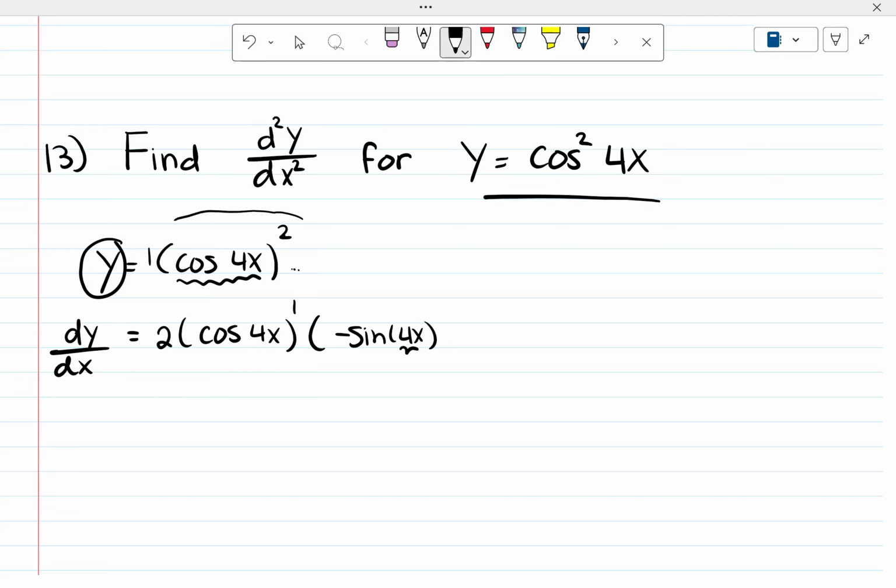The derivative of 4x is 4. And when you clean this up, you're going to get negative 4 sine of 4x cosine of 4x.